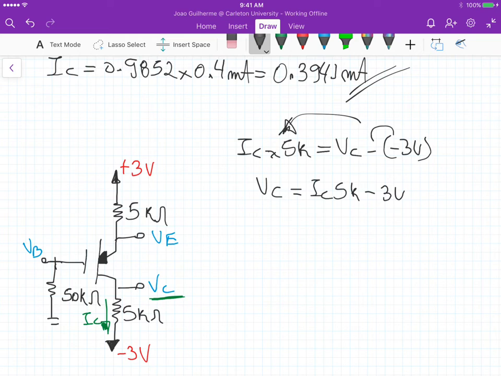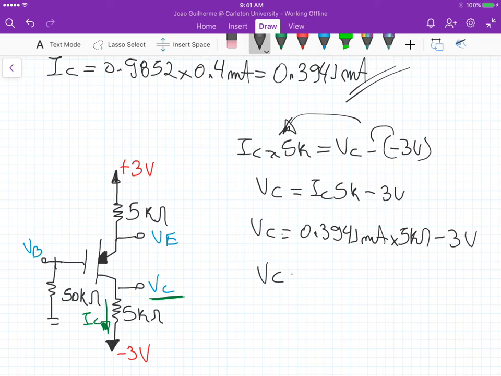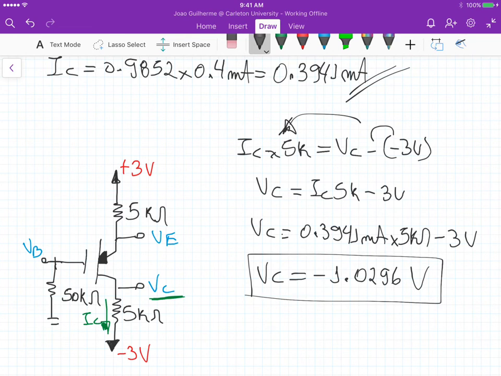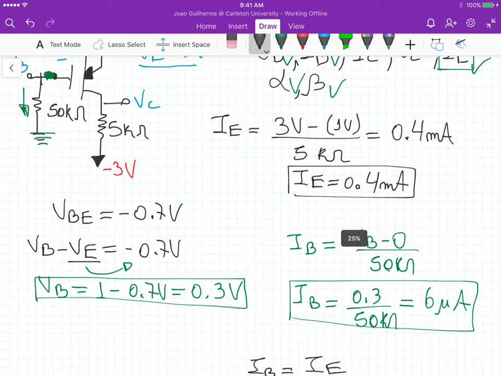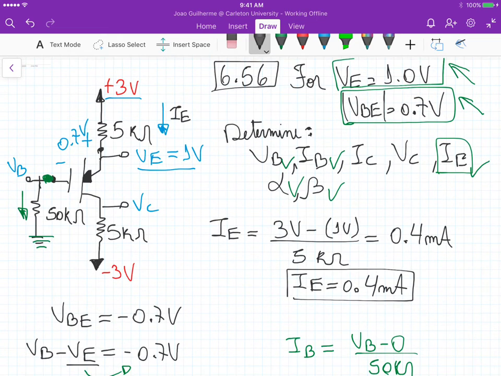So VC is equal to 0.3941 milliamps times those 5K ohms minus 3 volts. And in this case, VC is equal to minus 1.0296 volts. So with IC and VC, we got all the unknowns of the circuit.